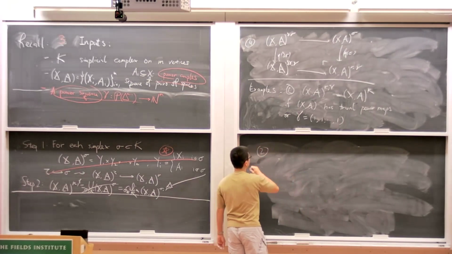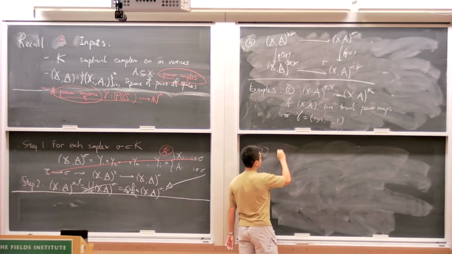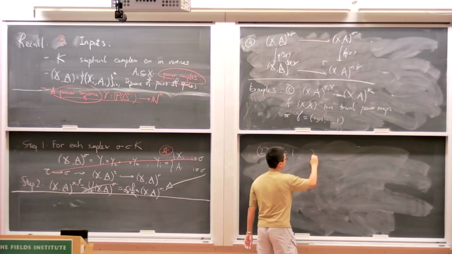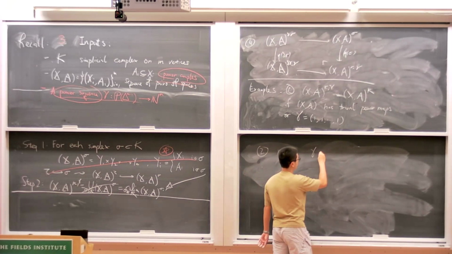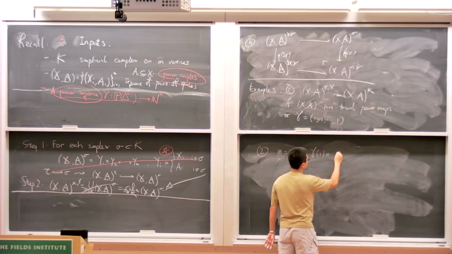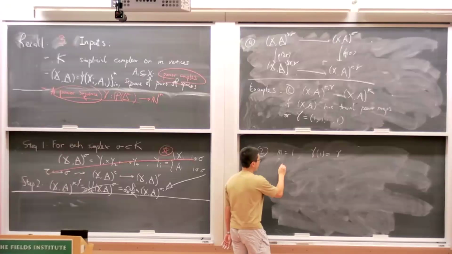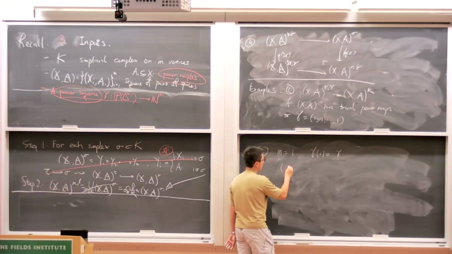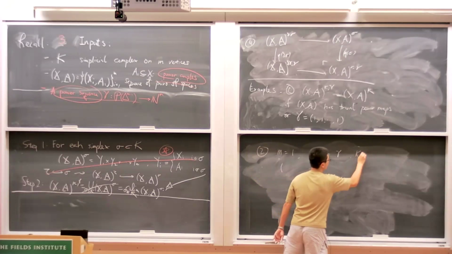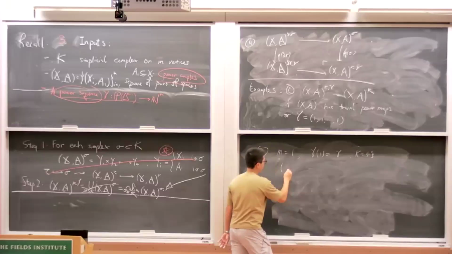And next one, let's say now I take M to be 1, and then my power sequence of 1 would be just equals to, let's say, gamma. Okay, and then I take K to be just 1.